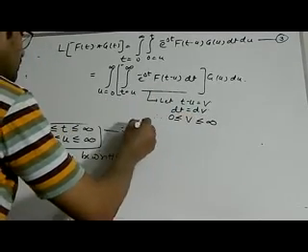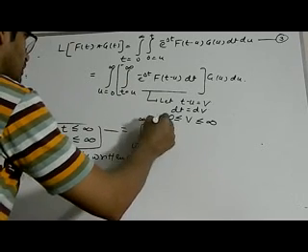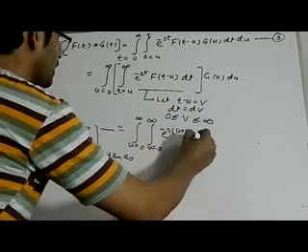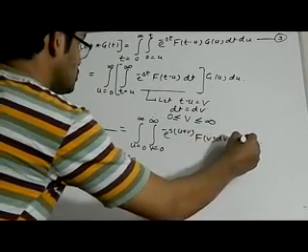So this integral becomes u from 0 to infinity, v from 0 to infinity, e to the power minus s times u plus v, f of v dv, g of u du.